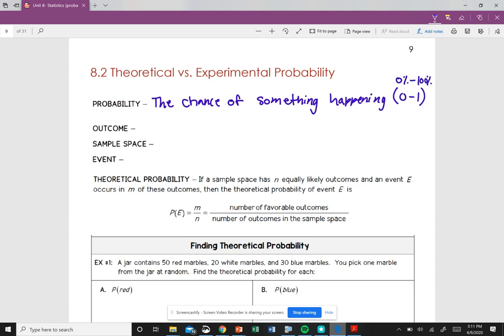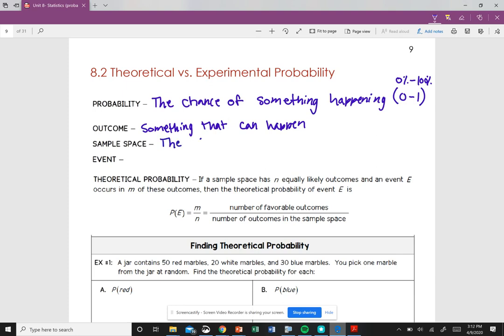It will never be over that, okay? An outcome is something that can happen. A sample space is all the outcomes. It's a set of all the outcomes. That's what I should write.